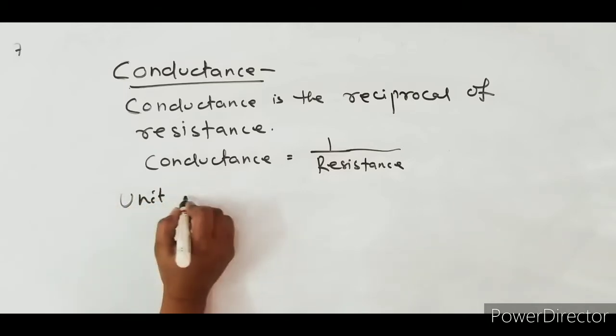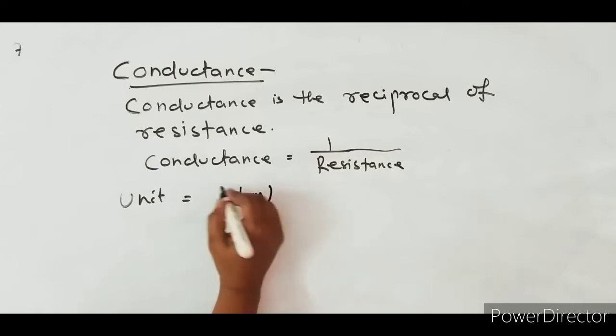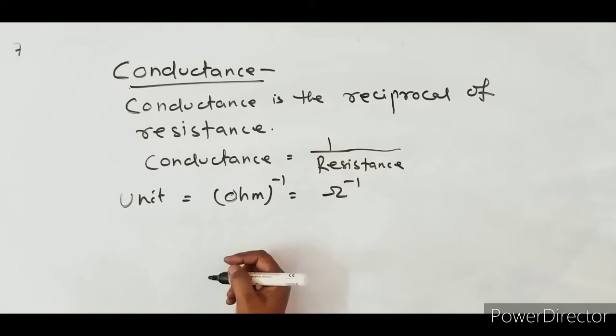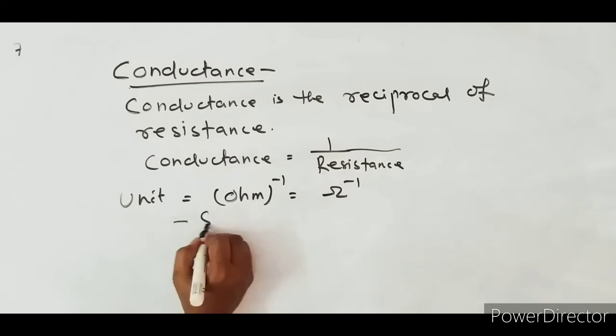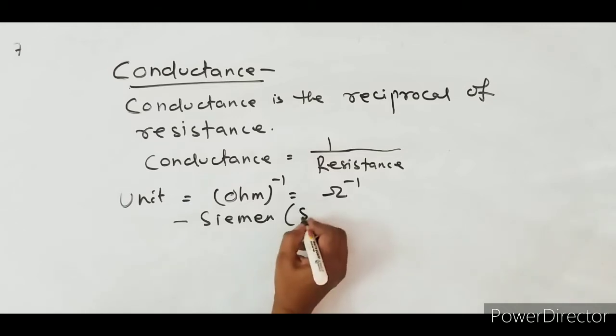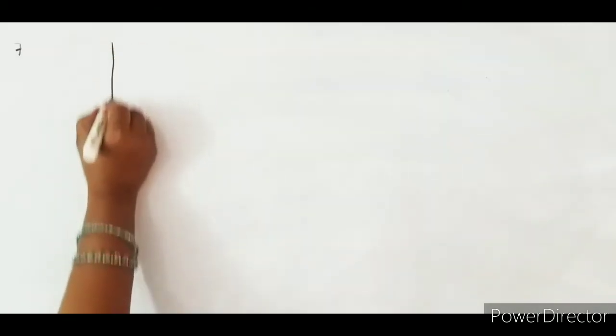What is its unit? As it is ohm inverse, it can be written as ohm inverse, or ohm to the power -1, or usually Siemens, denoted by S. Got it?